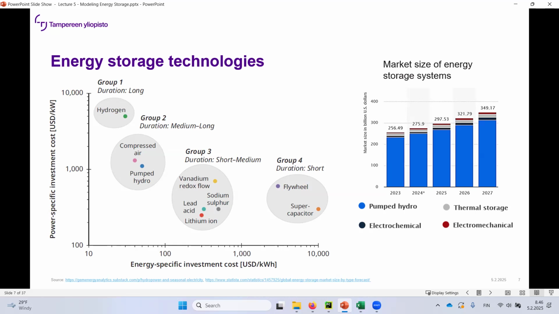But the advantage of pumped hydro is that you can store a lot of energy in there because of the systems in Norway and Sweden, for example. They have a lot of drop height in those systems, and there's a large area to be filled with water. But it can only be utilized in countries that have these rivers or large ponds, large elevations that can be utilized for that. So not all the countries can use those.